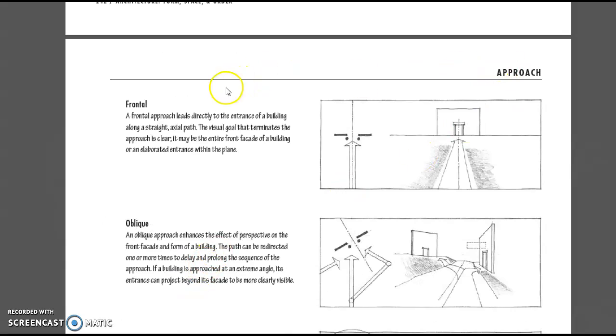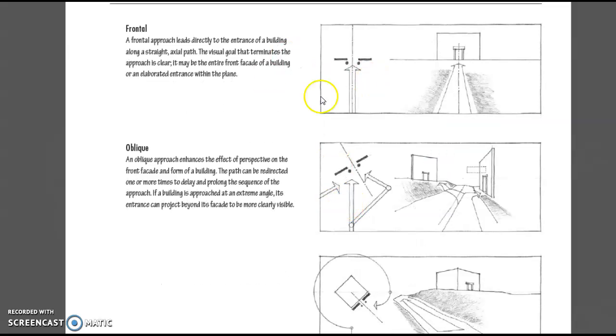So there are different types of approaches. This is the frontal approach, where the building has a straight entrance approach along the path leading to the entrance. This is usually very formal. Now this is the oblique approach, which you will find in Chandigarh. Most of the administrative buildings have been given the oblique approach.